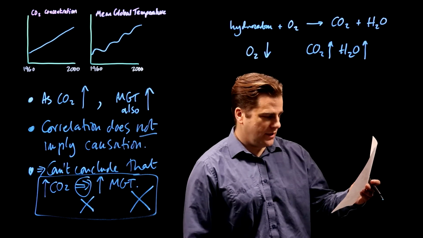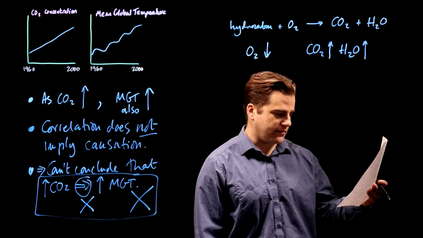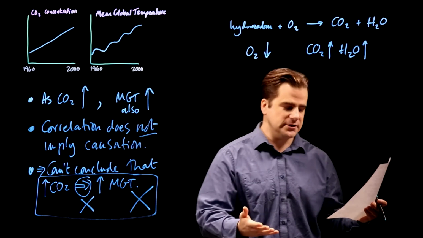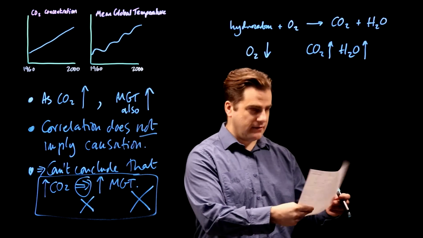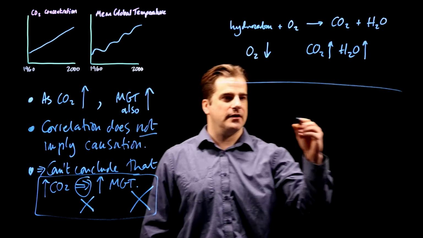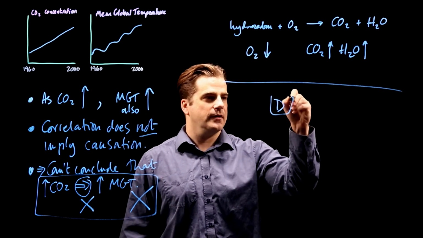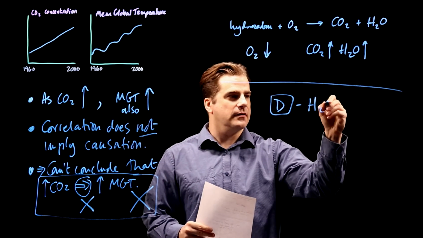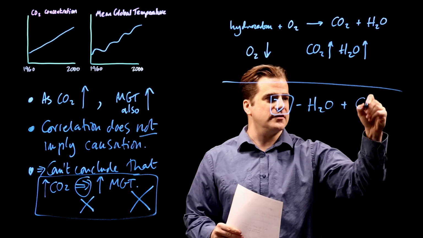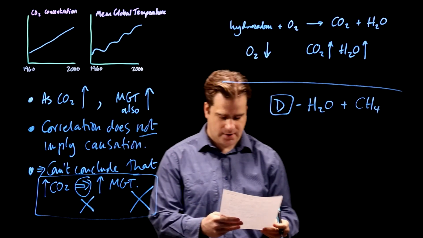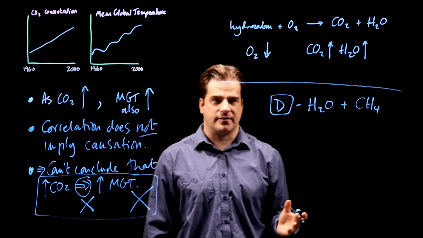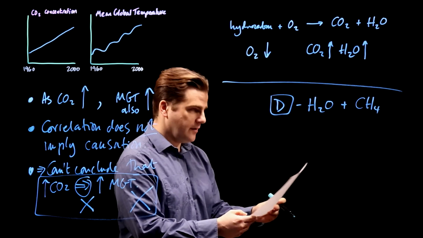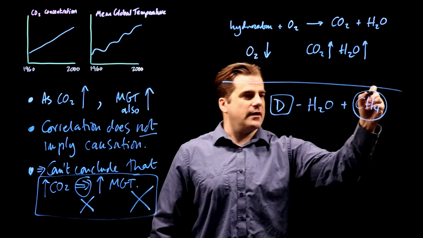Right, which gases are greenhouse gases of these pairs of gases? So they give you a bunch of pairs of gases, and the correct answer is D, because D is water vapor and methane, which is CH4. Okay, those two are both greenhouse gases, so it's D. Right, so you need to know your greenhouse gases. Methane is a greenhouse gas.